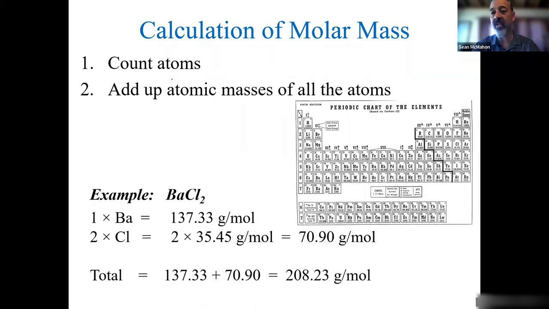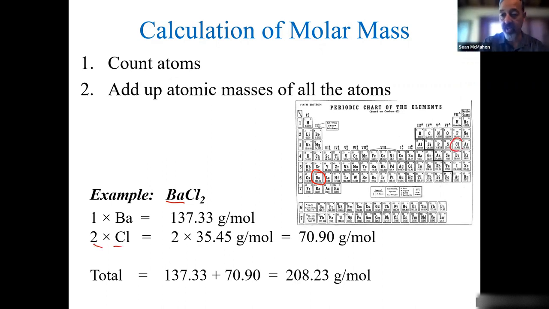But let's say I wanted to know the molar mass of barium chloride. In the formula, there's 1 barium. I find the molar mass of barium, it's 137.33 AMU. I change that to grams per mole because I'm looking for not 1 barium chloride formula unit, but a mole of it. There's 2 chloride.